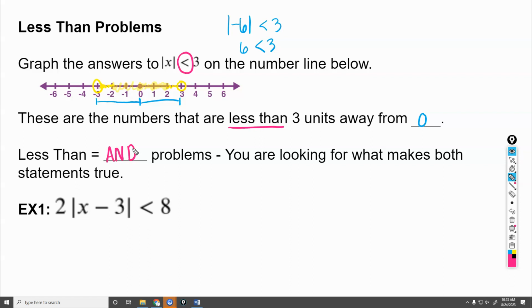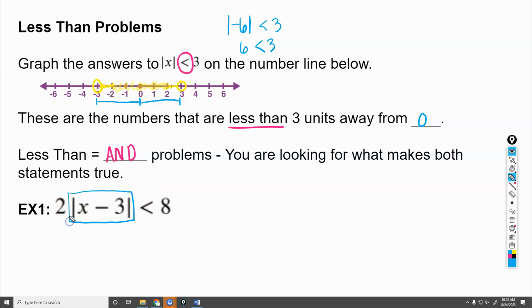So let's do one of these problems. Just like with our absolute value equations, we have to have the absolute value bars by themselves first. So that's no different, right? Looking at this, I've got my absolute value bars here.